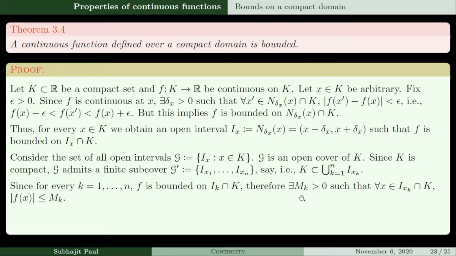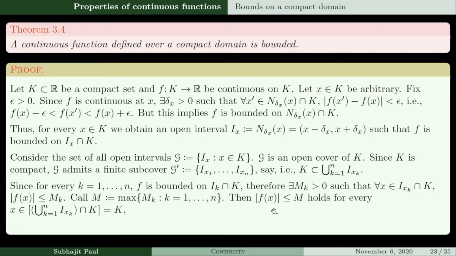So there will exist an M_k positive such that for all points x in I_xk intersection K, the modulus of f(x) will be smaller than or equal to M_k. Call M the maximum of all these bounds in these n intervals. Then the mod value of f(x) will be smaller than or equal to capital M, and that will hold for every point x in each of the neighborhoods I_xk.